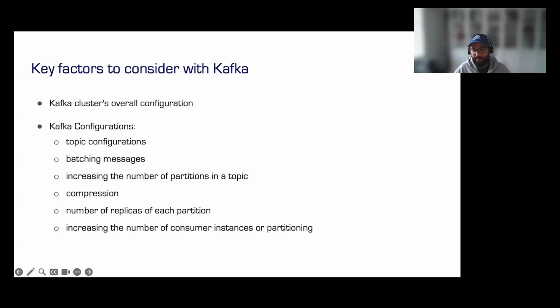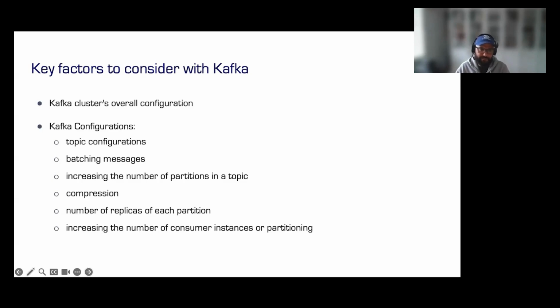Think about it like this: if you increase the batch or the buffer size, one often means sacrificing the other. So again, Kafka configuration can be really tricky.